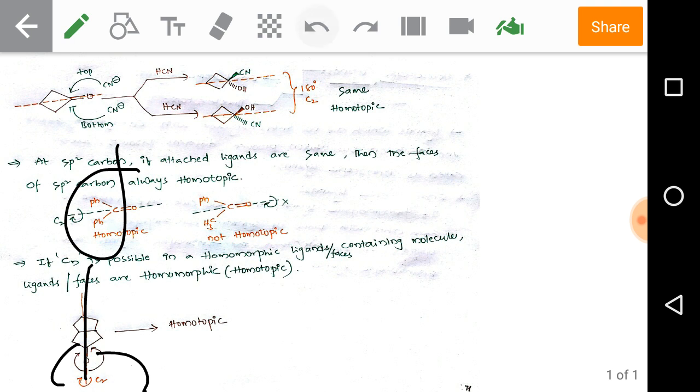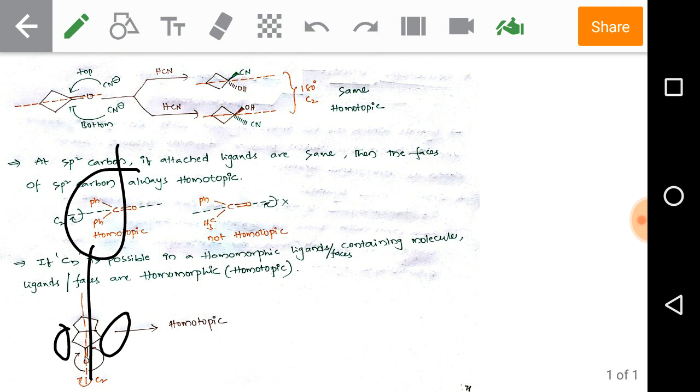And that is also possible. If on the carbonyl carbon, on the left side and right side, we have similar groups, that is methylene groups, then throughout the C2 axis the similar groups are there on both sides, hence we can get similar stereoisomers on C2.